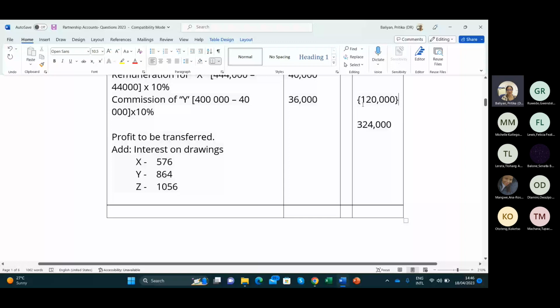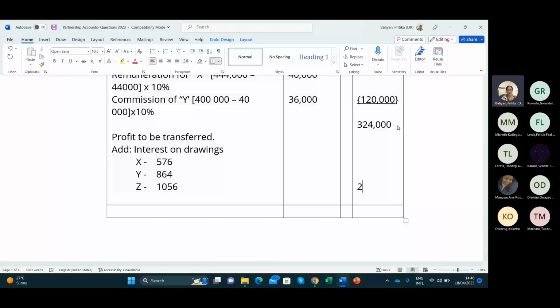So what is the total interest on drawings? 1,056 plus 864 plus 576 is 2,496.